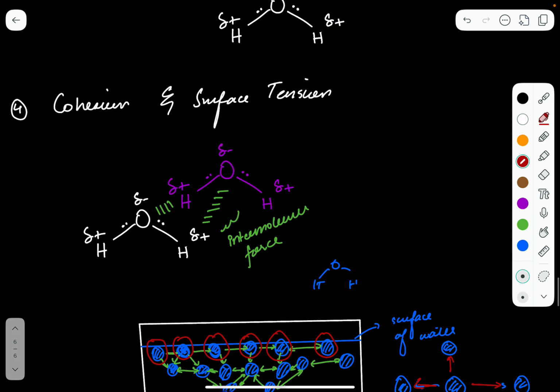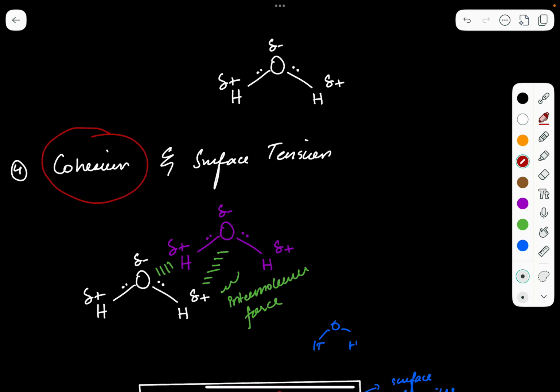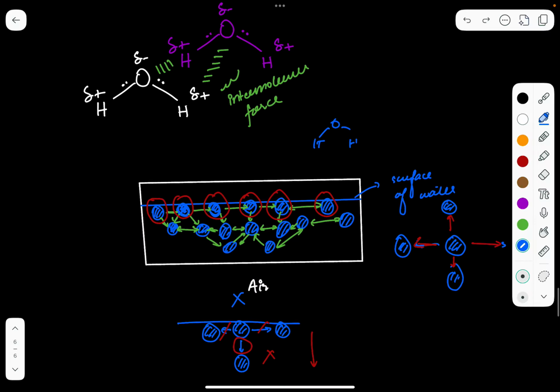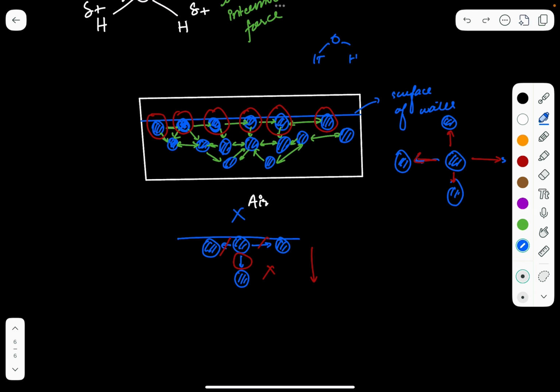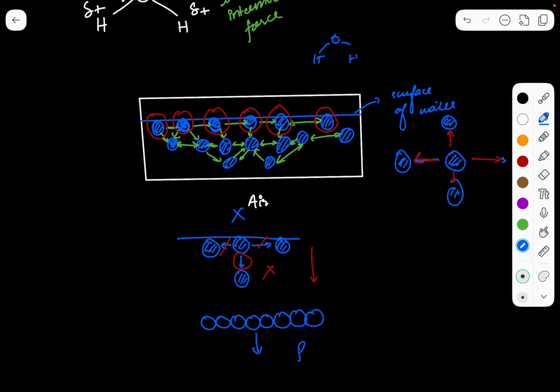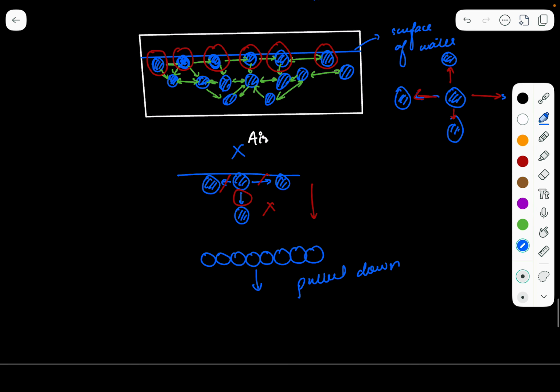And water cohesion is a property that means water likes to stick to itself. Correct? So what happens is that the water molecules on top, they try to stick to each other as much as they can, but they're all being constantly pulled down. Pulled down where? Pulled down to the interior of the water body or fluid.